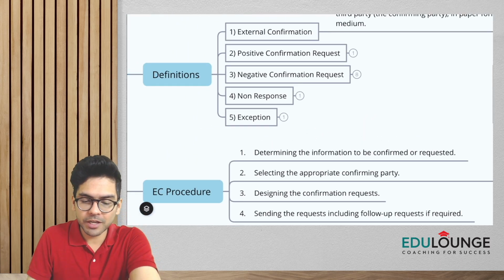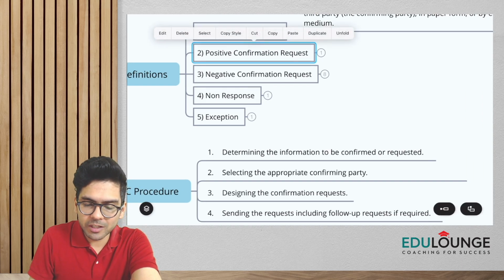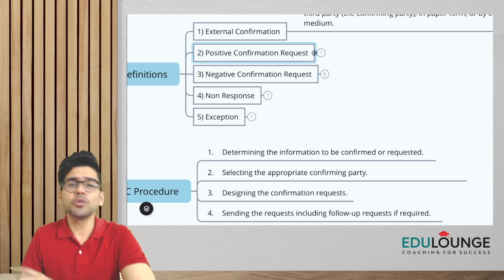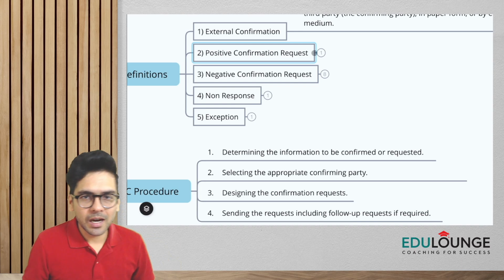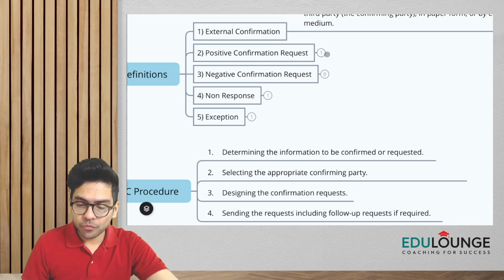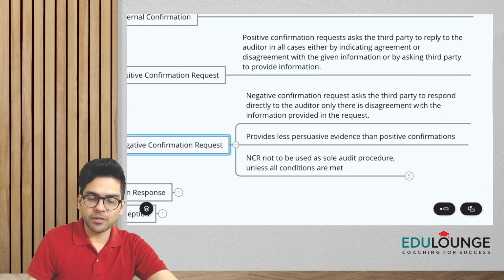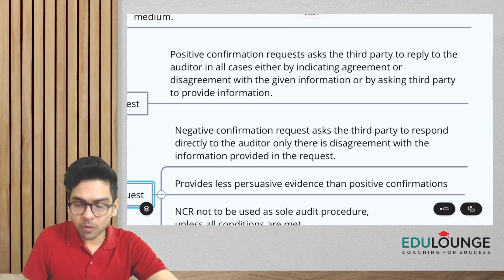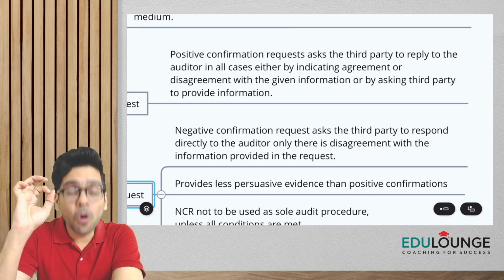Now I'm going to take you back to the definitions part. If you can see, we have two confirmations here. One is the positive confirmation request, and the second one is the negative confirmation request. So you have to decide which confirmation request you want to send to the confirming party. We'll learn about both. So what is a positive confirmation request? A positive confirmation request asks the third party to reply to the auditor in all cases.